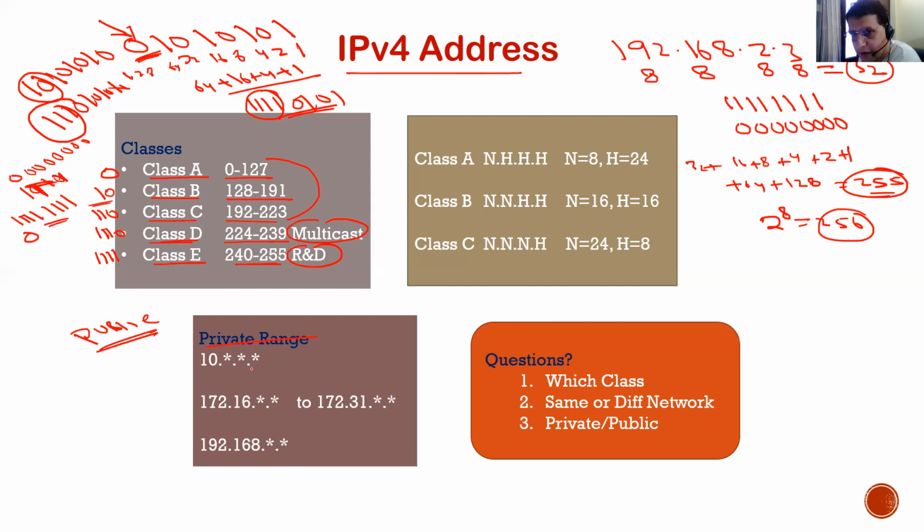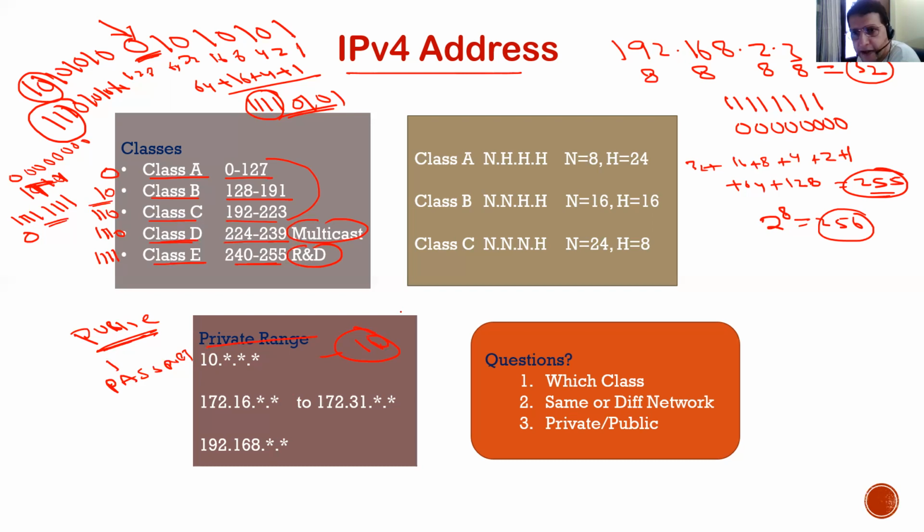A private IP is unique in my network. I cannot use the same IP in my network, but yes, you can use the same IP in your network. So a private IP is specific to a particular network, while a public IP is globally unique. It's like your passport, and a private IP is like your company ID.